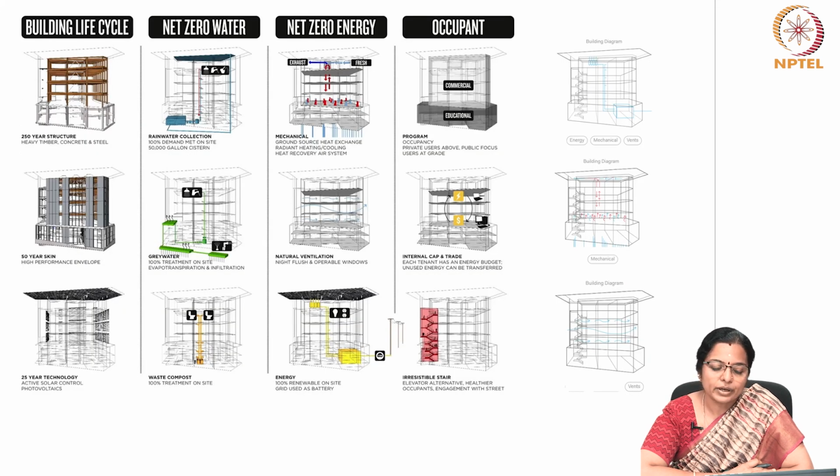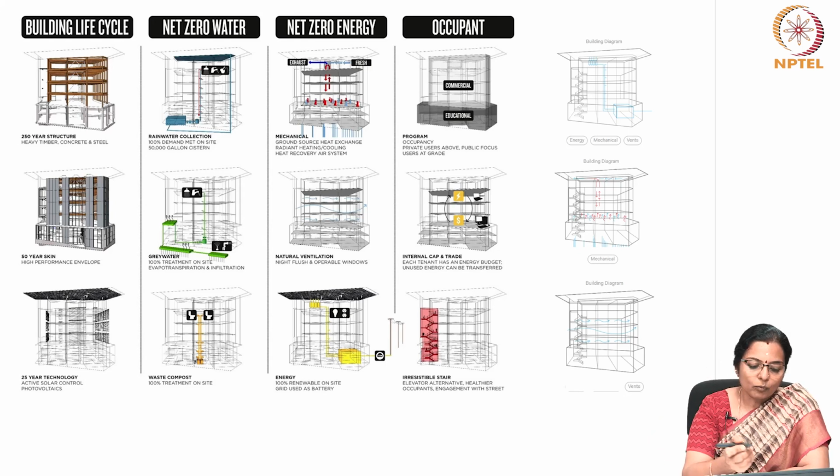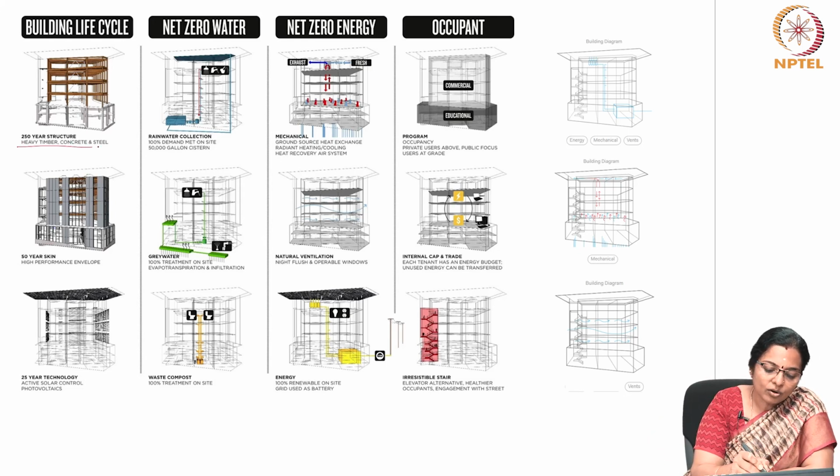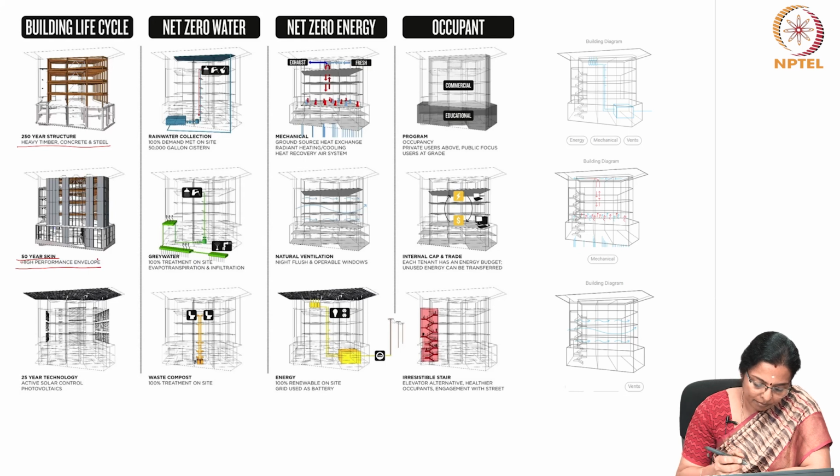If you look at it in toto, this building has a life cycle designed for a 200-year structure with heavy timber, concrete and steel. The skin has a 50-year performance and is a high performance envelope.